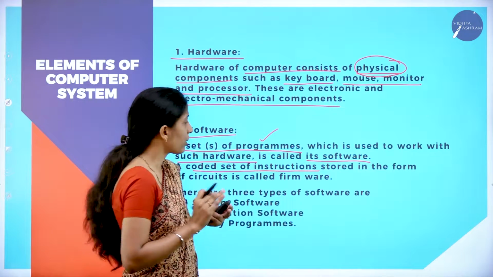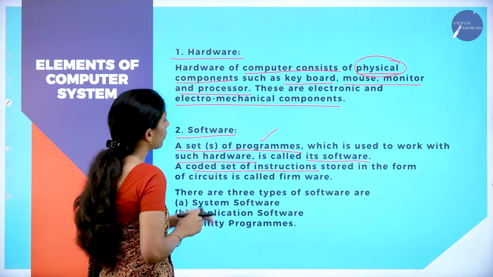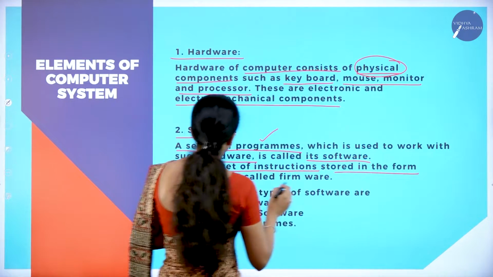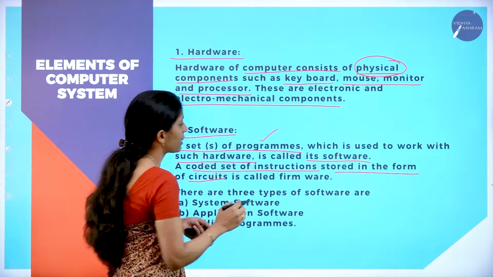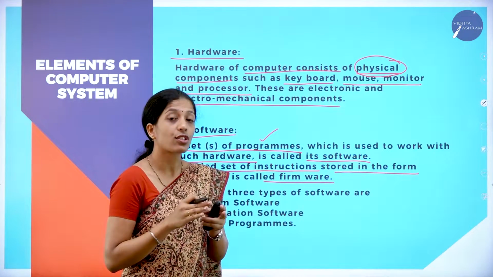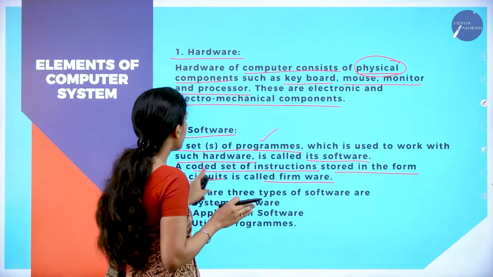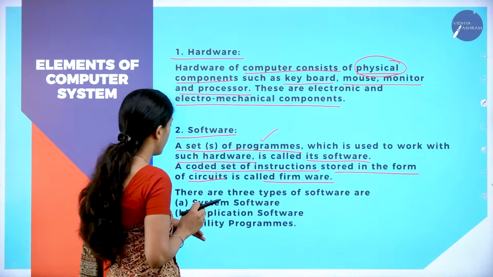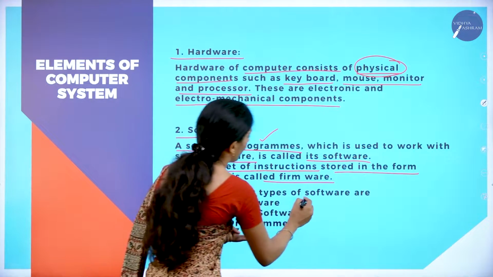A coded set of instructions stored in the form of circuits is called firmware. So a set of instructions is software, and a set of coded instructions stored in circuits is known as firmware.